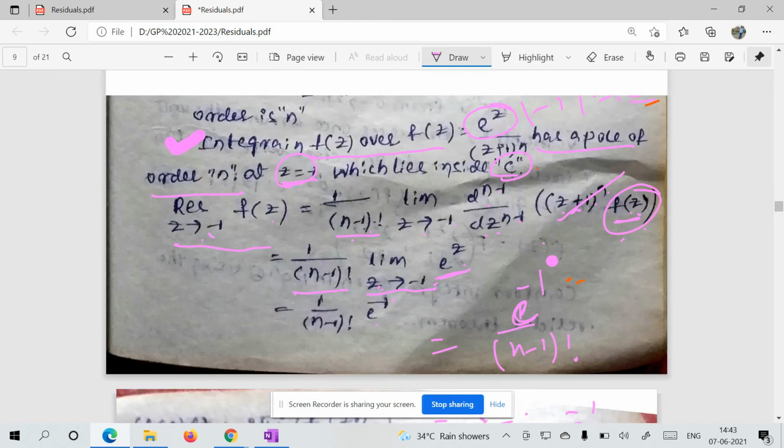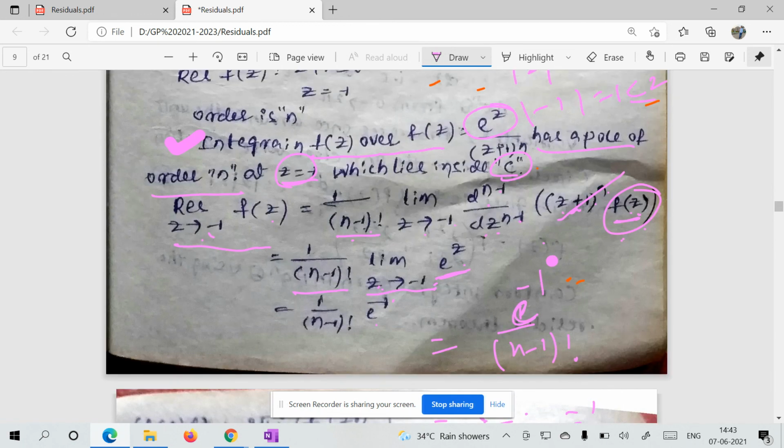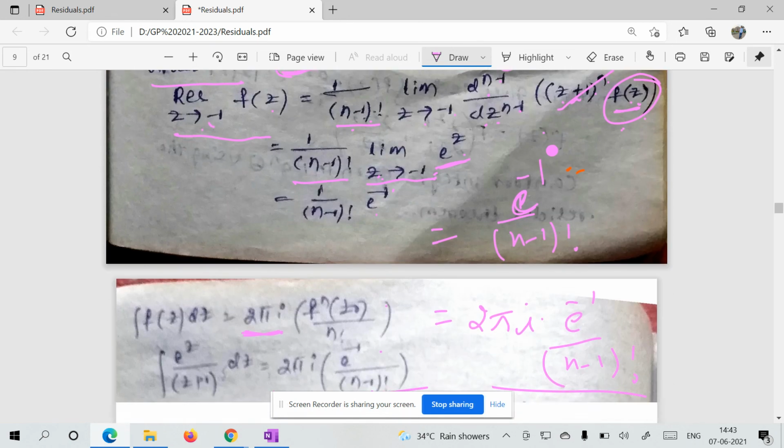The same problem we can solve by using the Cauchy integral formula also.